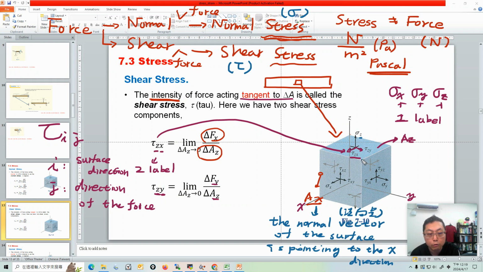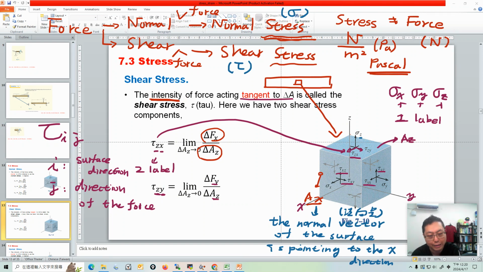Again, you can apply this same concept to the other four shear stresses and check what each label really means. Convince yourself. So that's normal stress and shear stress.